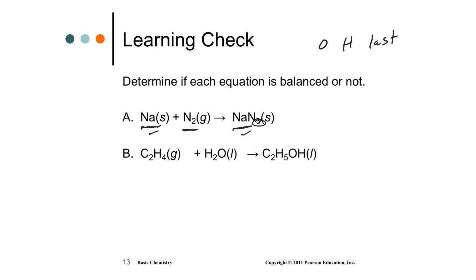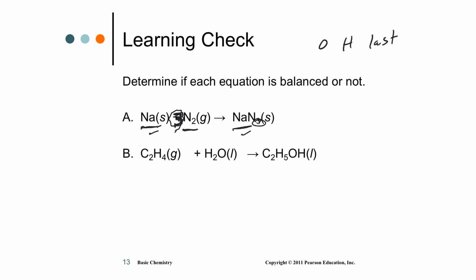So I have 2 on the left and 3 on the right. Well, in order to make them balanced, I need a multiple of 2 and 3. Okay? Well, so I'm going to take a coefficient because I can't change the subscripts at all because the subscripts are based upon that molecule. I can't change the subscript. That's the recipe, that's the formula for that molecule, but I can multiply it by a coefficient.